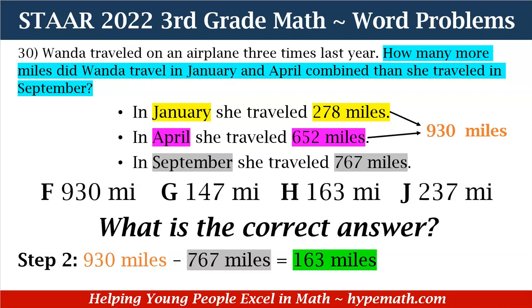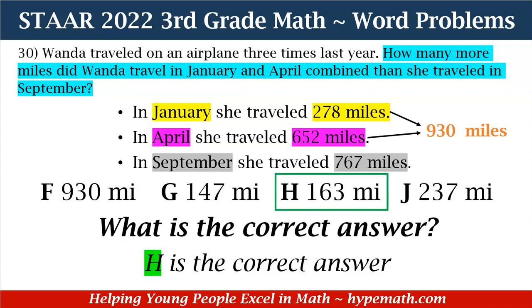So what is our correct answer? Well, what we need to do is look at our answer choices, and do you see the one that says 163 miles? Yes, it is H. H is our correct answer. The difference between the miles traveled in January and April, and September is 163 miles.